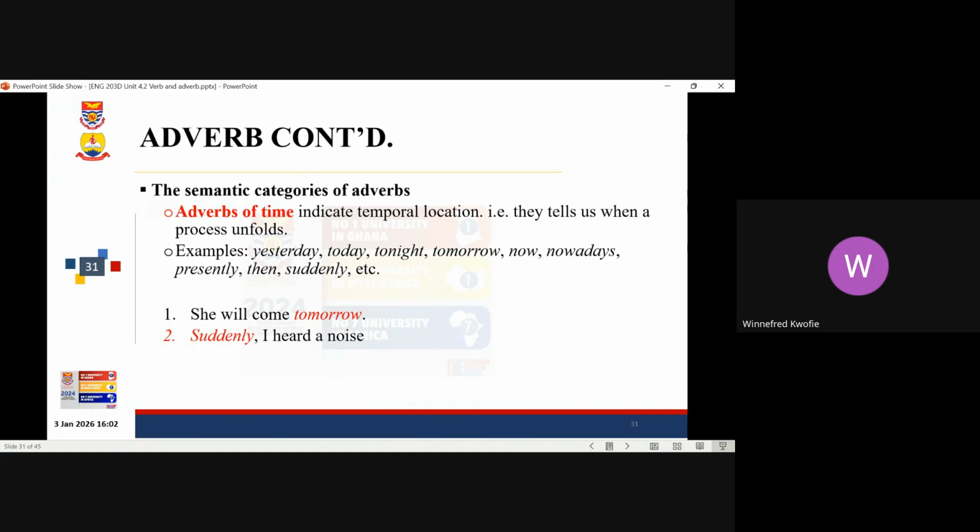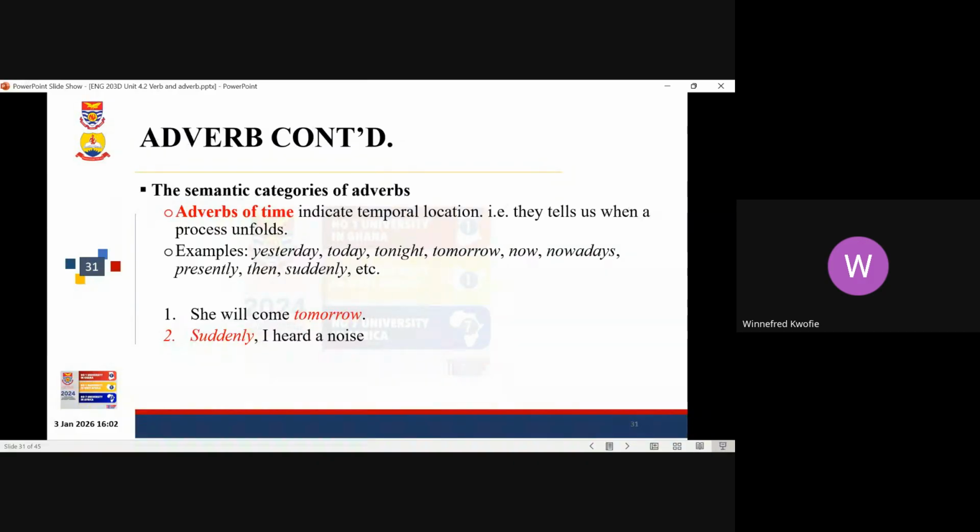Words such as tomorrow, now, yesterday, suddenly, presently indicate the time of a process or the time that a process unfolds. So, she will come tomorrow. Tomorrow indicates the time that she will come.